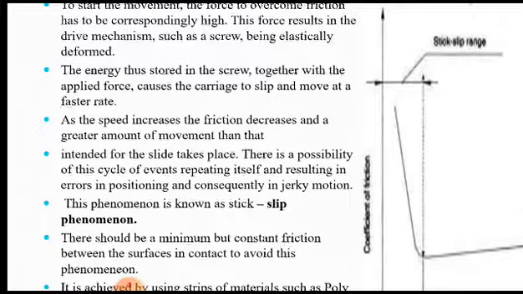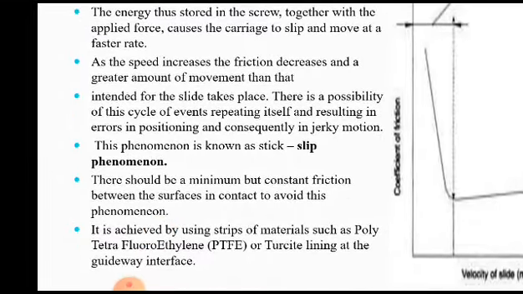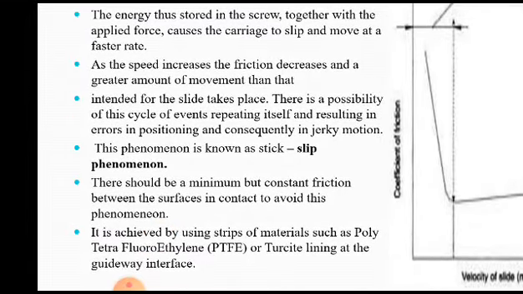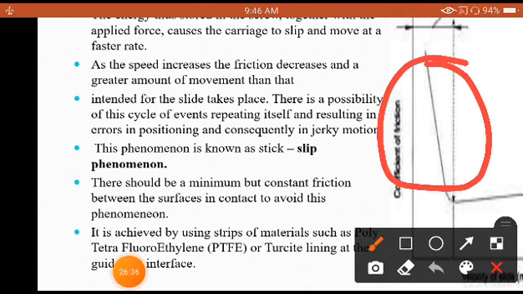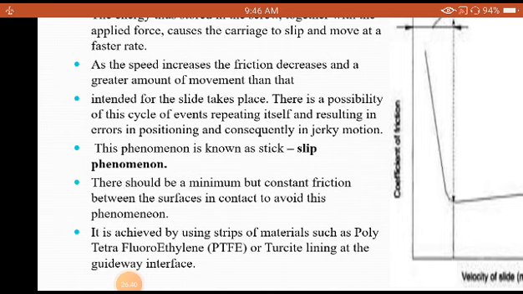There should be a minimum but constant friction between the surfaces in contact to avoid this phenomenon. So how can this be avoided? If this portion is avoided, then we can consider that the minimum friction should take place irrespective of the velocity of the slide.